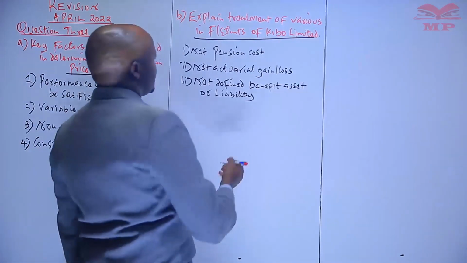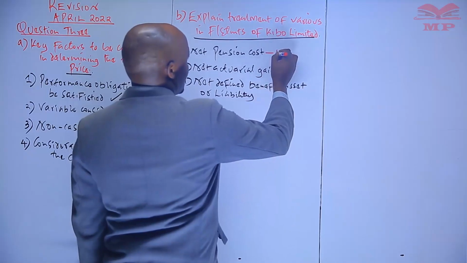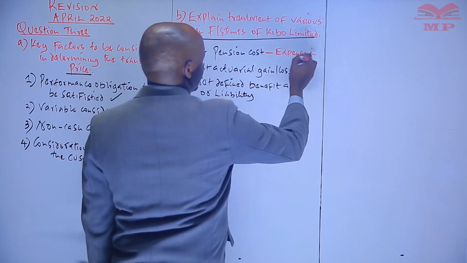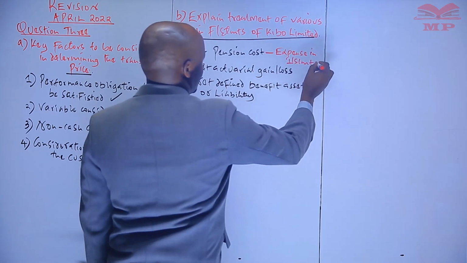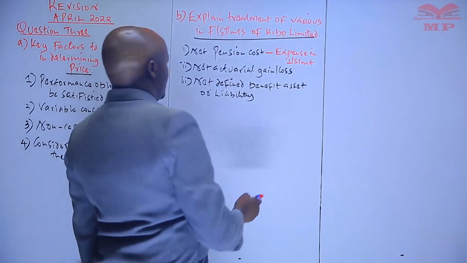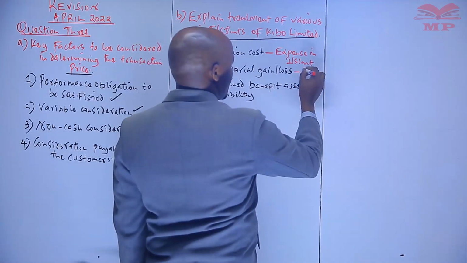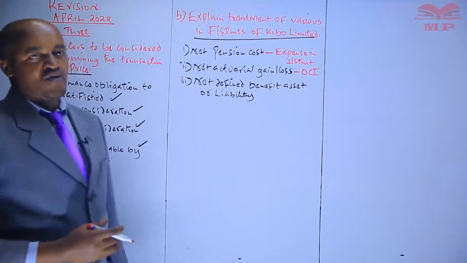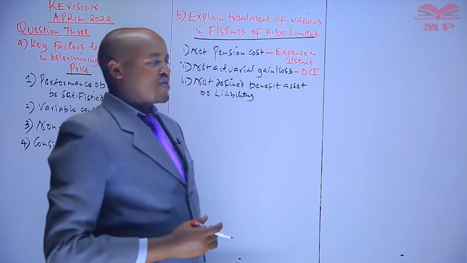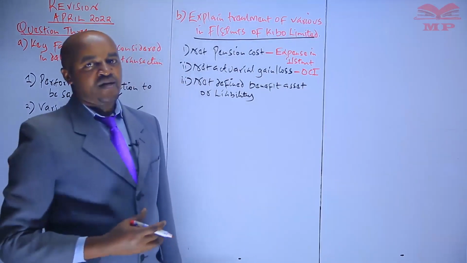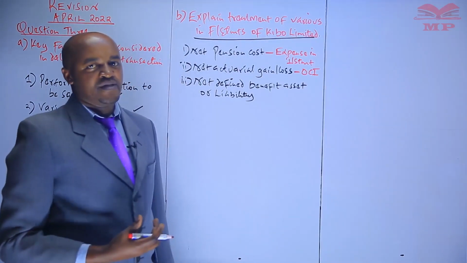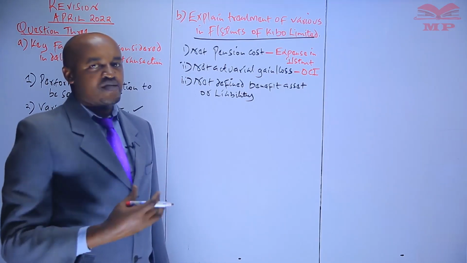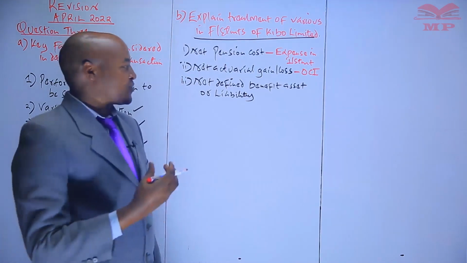Now first of all, this net pension cost is accounted for as an expense in the income statement. Whereas this net actuarial gain or loss is accounted for as part of other comprehensive income. Remember, when we talk about other comprehensive income, we are talking of items of income or expenses which should not be included as part of the profit or loss for the year.